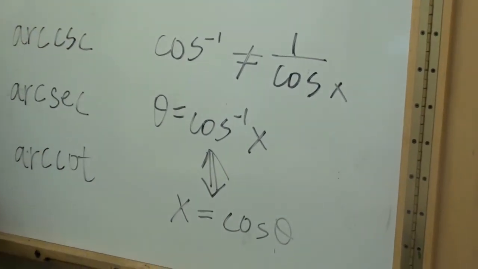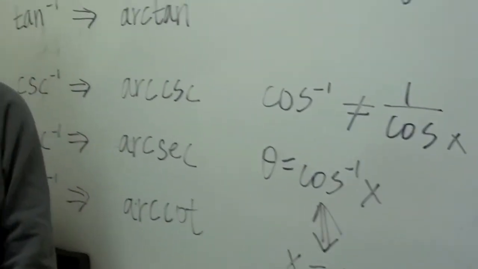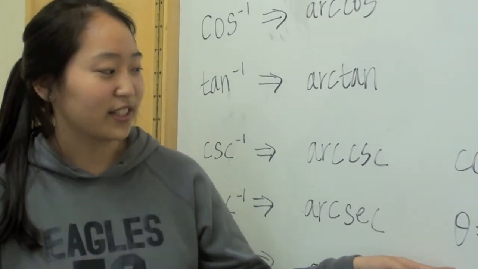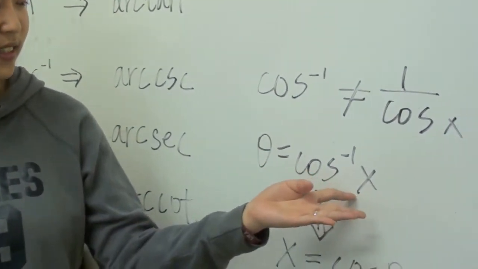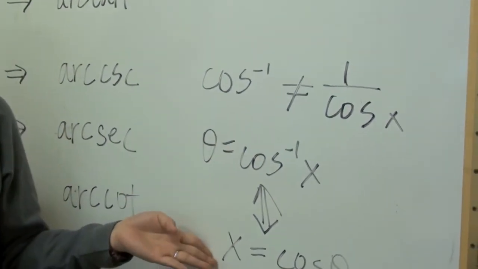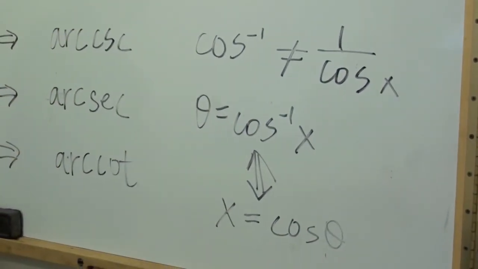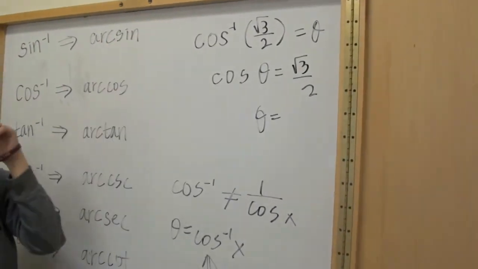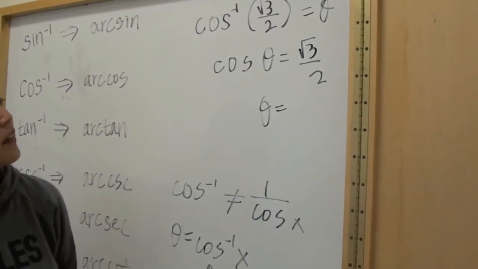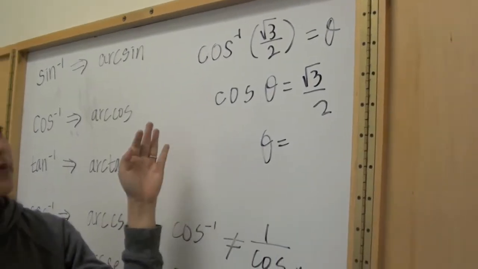And if it says inverse cosine x, this is another way to write the equation. Here is an example. Inverse cosine root 3 over 2 equals some angle.